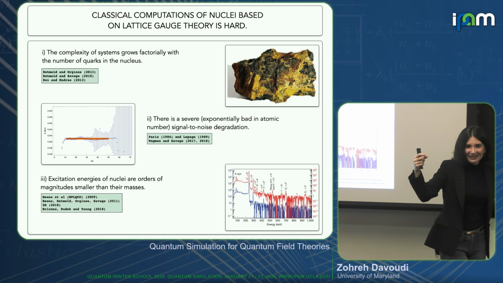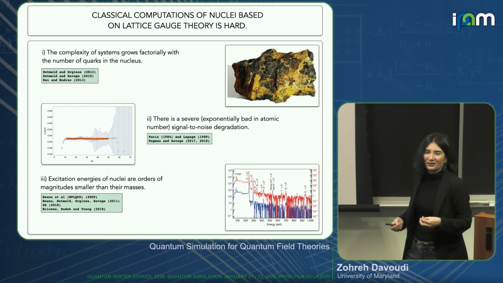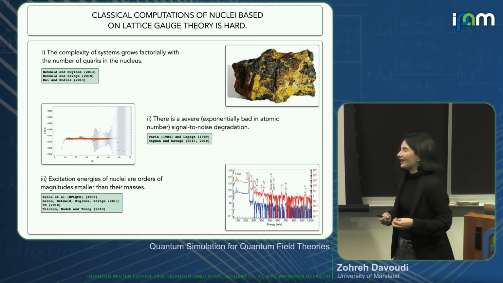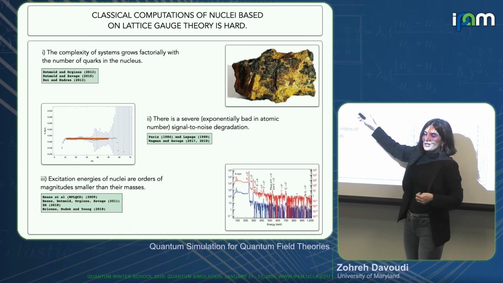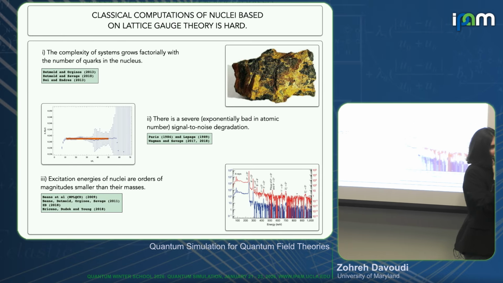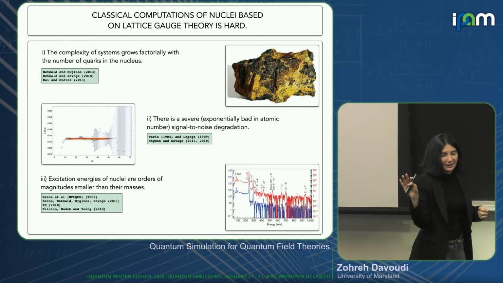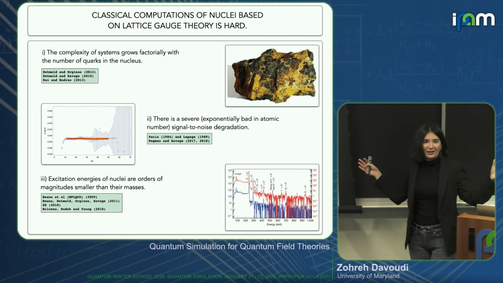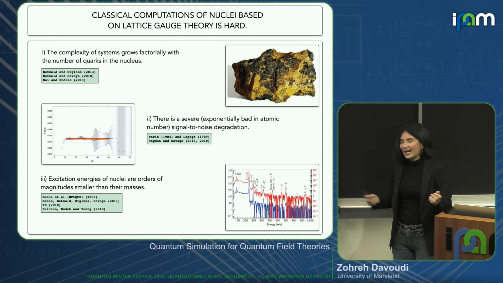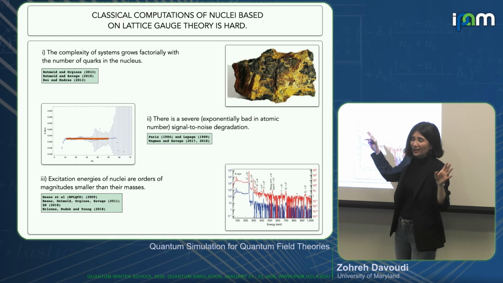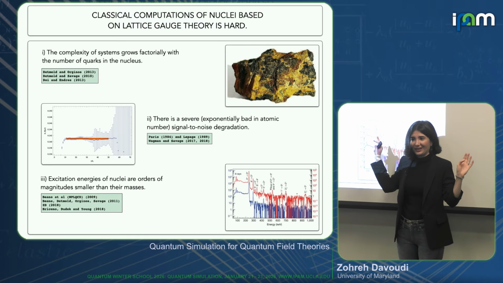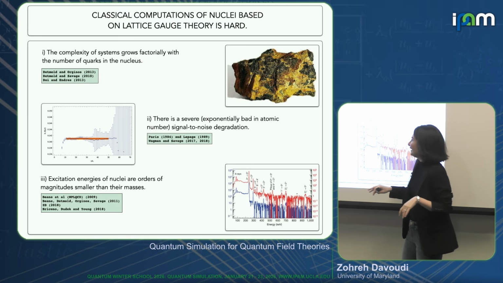You have to add that to the exponent of this signal-to-noise degradation. So it becomes really bad. As a result, so far we have calculations of maybe up to 3 and 4 nucleons. And that's even with very huge masses of the quarks so that we have less statistical noise. So they're not even physical. So going beyond 2 or 3 is very hard. Okay, so we don't know how to do that yet.